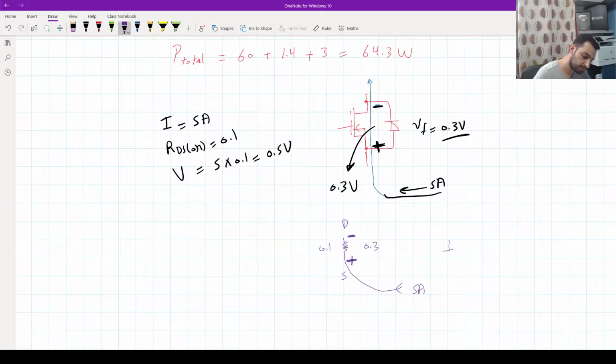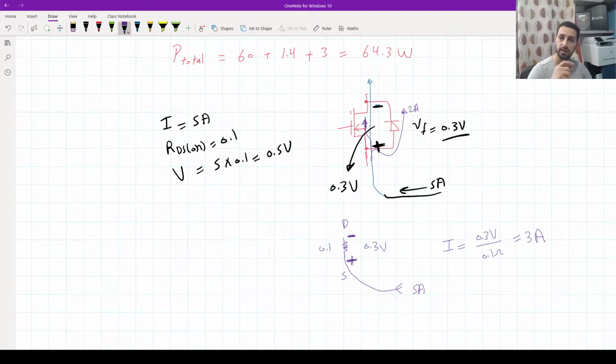So the current equals 0.3 volt divided by 0.1 ohm, and that means 3 ampere. 3 ampere will be going through that transistor here, okay, and 2 ampere will be going through that diode. This is a more accurate answer, okay, but you don't need to go through this if you are looking for some assumptions, like you assume that all the current will go through that diode, but practically this is what happens, okay.